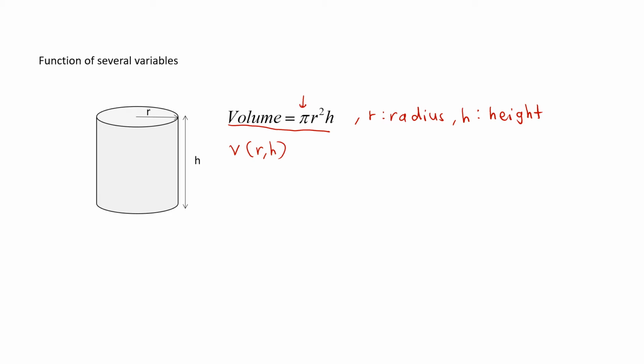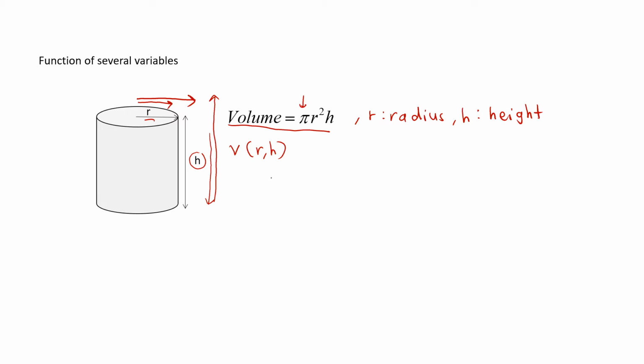Okay, if the radius of the cylinder is changing, meaning that it's either increasing or decreasing, there is no change in height. Same goes if the height is changing. Let's say the height of the cylinder is increasing or decreasing, there is no change in r.